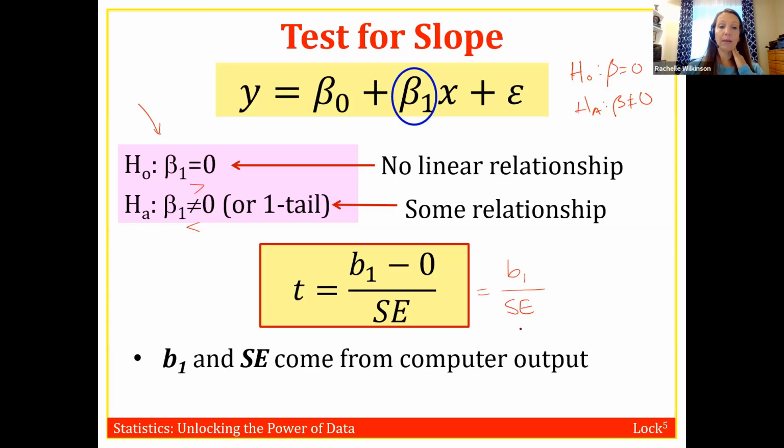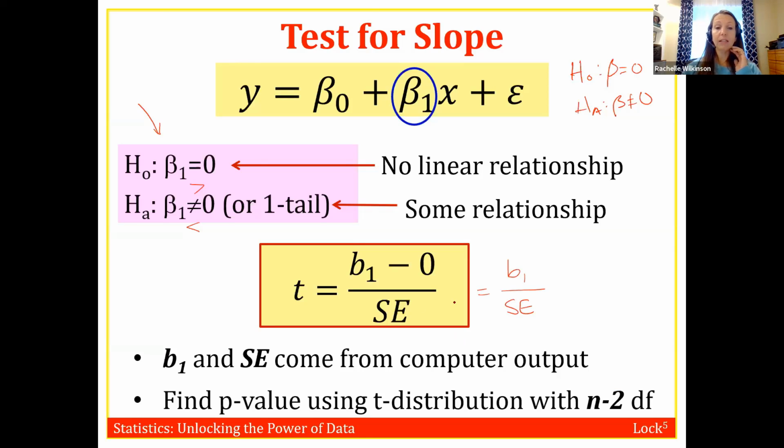Just as before, that b1 and that standard error are going to come from computer output. So we just identify those, divide one by the other, and we have our test statistic. That test statistic is going to have n minus 2 degrees of freedom, and we'll use StatKey to help us figure out the p-value using the t-distribution with n minus 2 degrees of freedom.